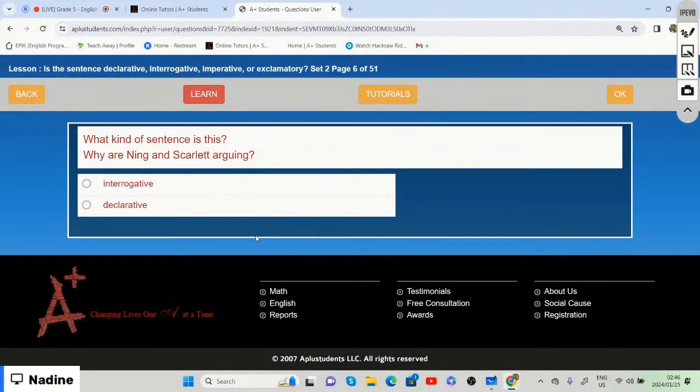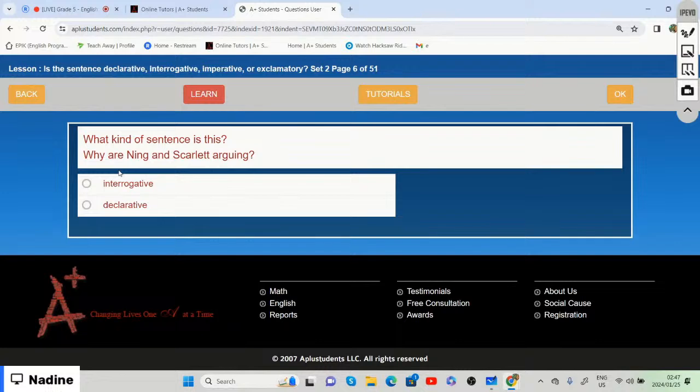Why are Ning and Scarlett arguing? Is that an interrogative sentence or a declarative sentence?